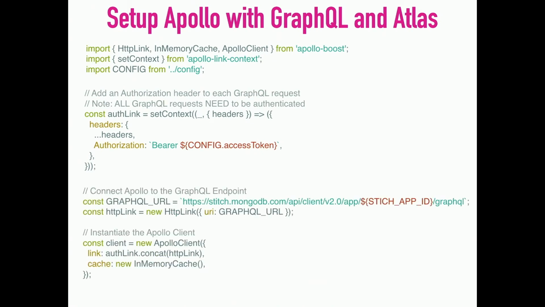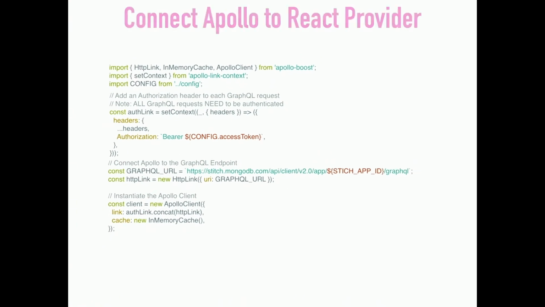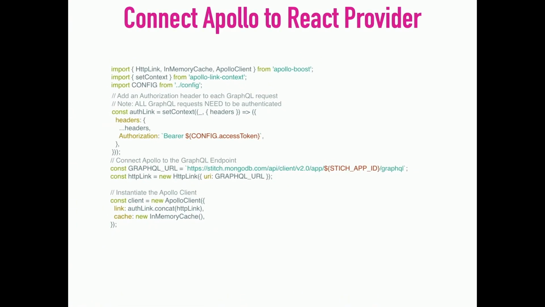So this is the interesting part. You just tell it where that GraphQL endpoint is. I have a Stitch ID here you get when you set up your new Atlas Stitch application. Just plug that in, and that's your GraphQL endpoint. And then you link it up, you instantiate a brand new Apollo client. And this is the cool part. So once you've told Apollo, this is where my GraphQL endpoint is, I need to link that data to my React applications.